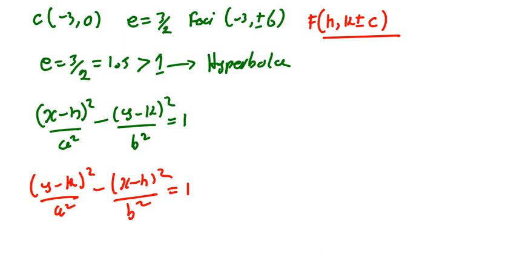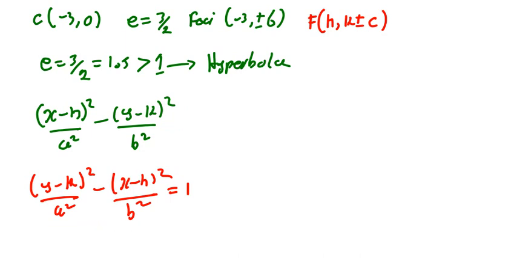So it simply means this was oriented on the what? On the y-axis, considering the fact that the focus is affected by the k value. If it was affected by the h value, it could have been oriented on the x-axis. But since it's affected by the k value, they have put it on this side. So it's minus 3 comma that one. So this is my h and that's my h here. So this is oriented on the what? On the y-axis. So it simply means the one we're using is the second one here.